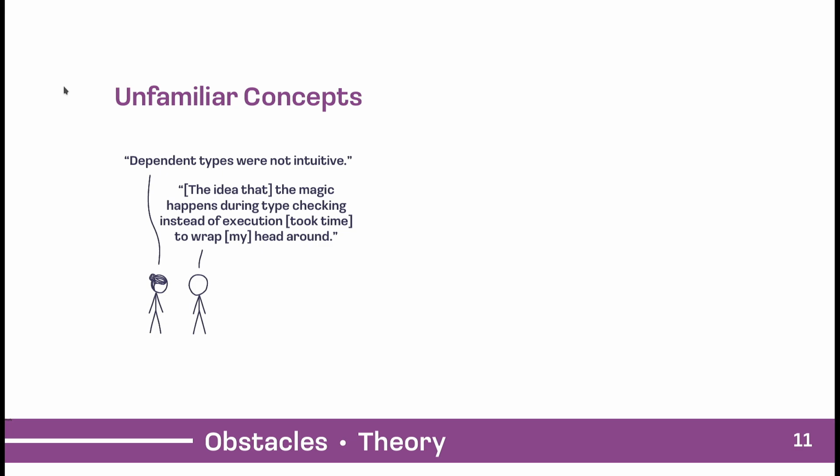They think of software as something where you serve or collect data from users. Switching to dependent types and interactive theorem provers is a very big paradigm shift for them. You can see that they complain about things like dependent types are not intuitive, or the idea that type checking is where most of the magic happens is very different to what they are used to.